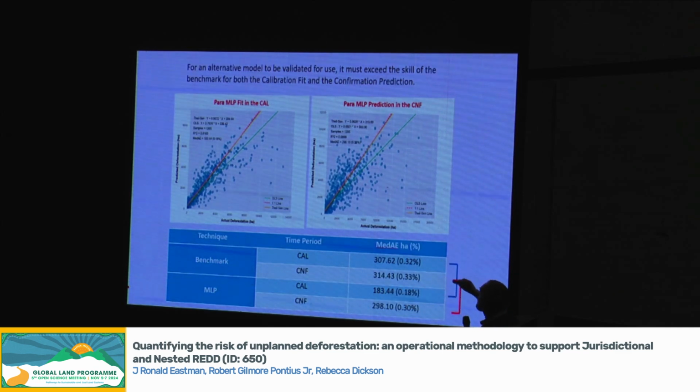Now we look at the confirmation period where we're predicting to the future, and we go from 314 down to 298. Yes, it's an improvement. And so in that particular case, it's validated for use. We can say, it's okay, now you may use that model. And jurisdictions would typically be asked to produce at least two alternative models that hopefully can beat the benchmark.